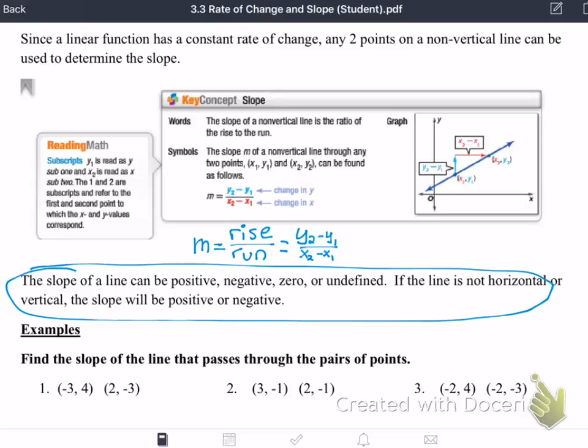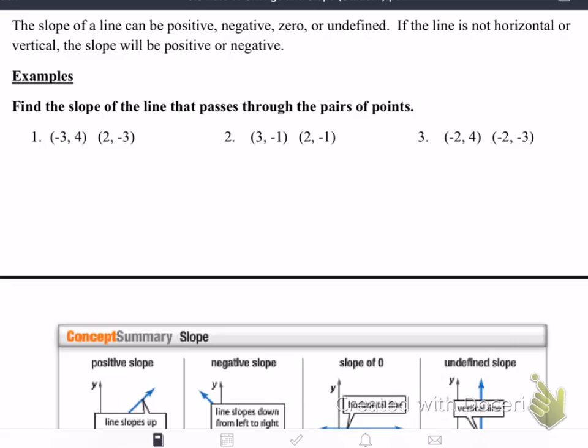Let's go down to the examples. The directions say, find the slope of the line that passes through the pairs of points. There are 2 points here: negative 3, 4, and 2, negative 3. If you connect these points, what would be the slope? We're going to use our formula, where m refers to slope: m equals y2 minus y1 over x2 minus x1.